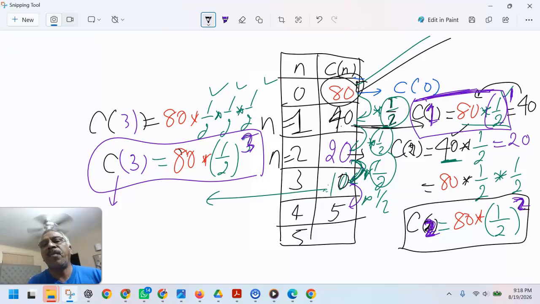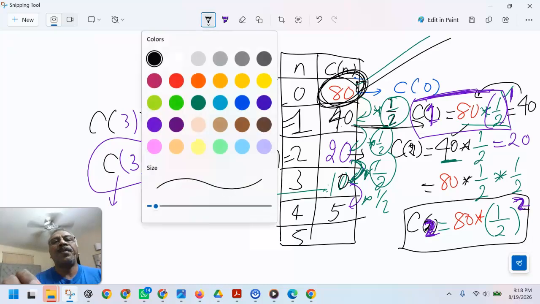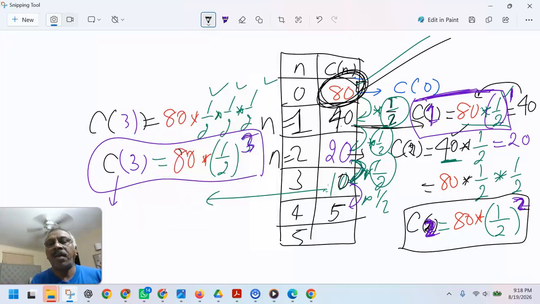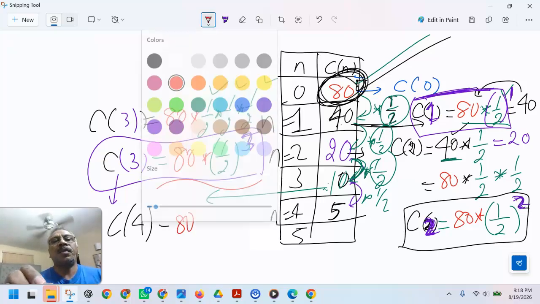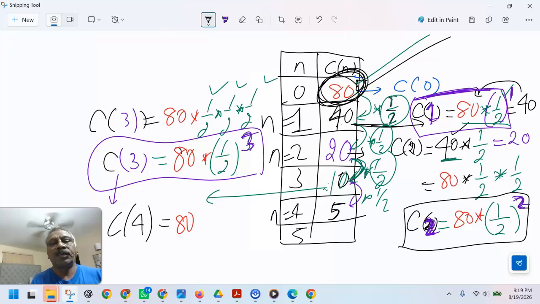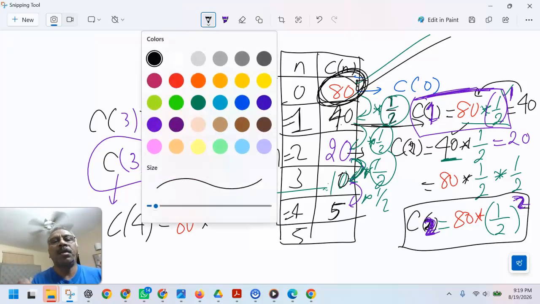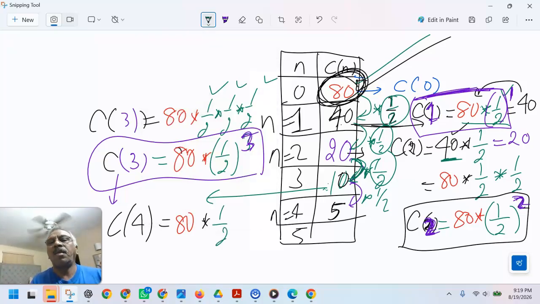But if you start from 80, it's like this 5. Step number is 4, so your C4 equals 80. Again I write that 80 times the green one, half. How many halves? You can see 1, 2, 3, and 4.